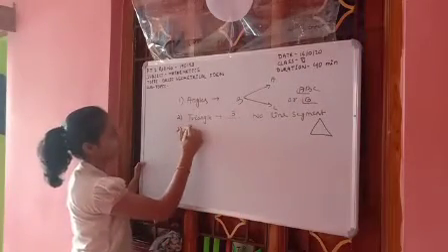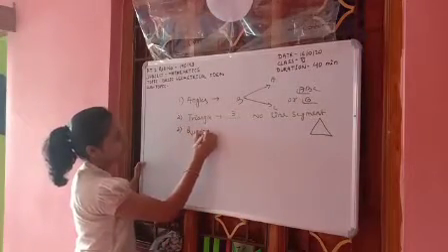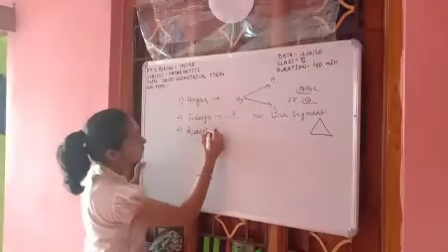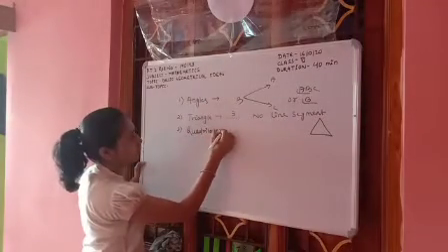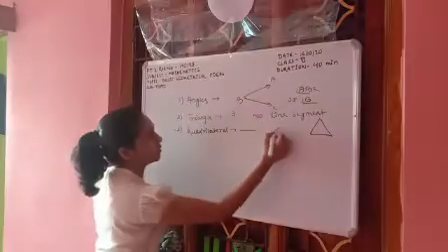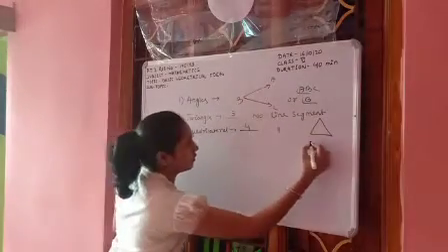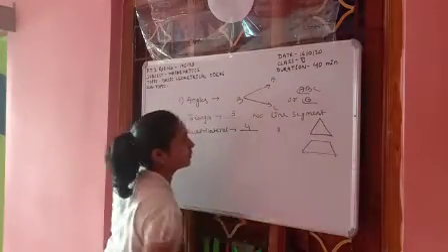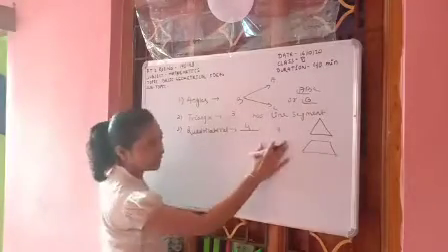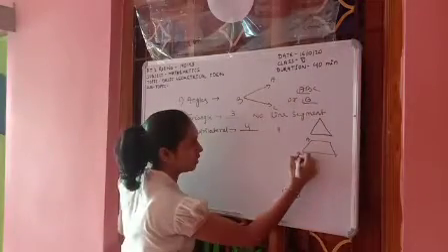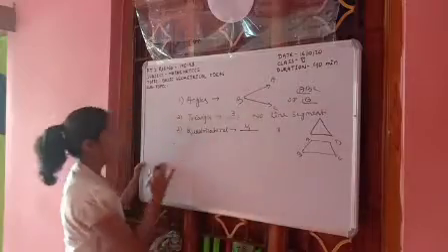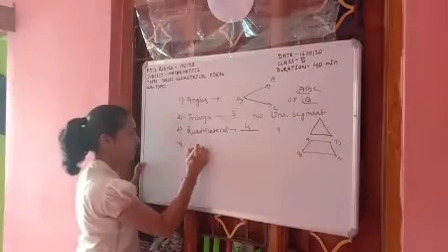Then we see the quadrilateral. It is made up of 4 line segments, like this. We can draw diagonals also. Good. Then we see a circle.